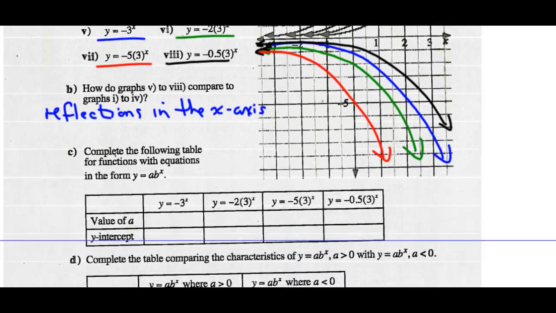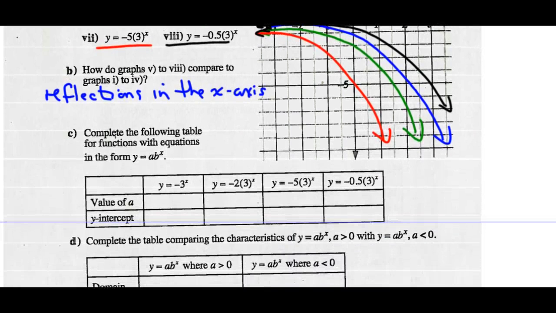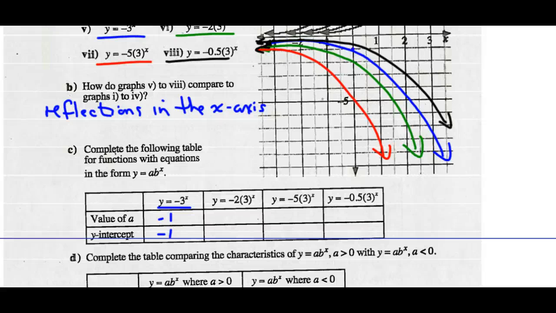So complete the following table for functions with equations in the form y equals a times b to the x. Y equals -3 to the x. The value of a now is -1, and the y-intercept is -1. And if I look at the graph, the y-intercept is -1. For y equals -2 times 3 to the x, the value of a is -2, and the y-intercept is -2.